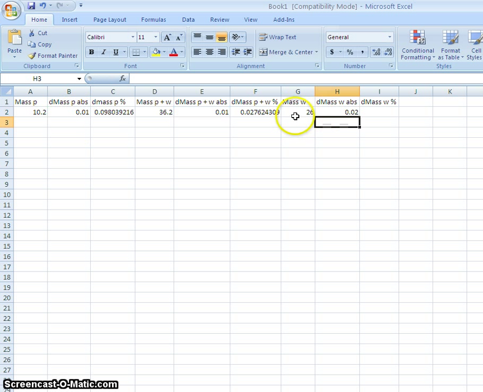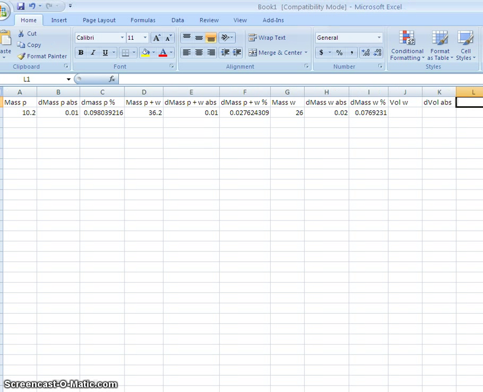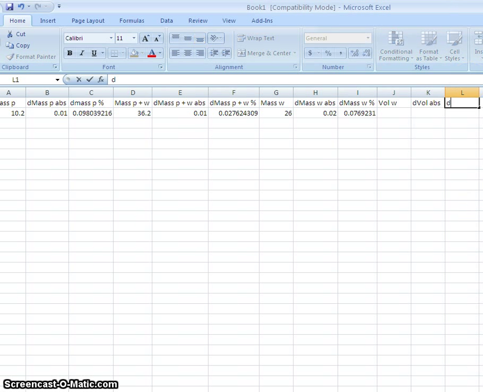And so the mass of water in there was 26 grams plus or minus 0.02. And I can get the percentage just like we've done before. Okay, so we've got that set. I've got one more calculation to do here, and that's of course to get the volume of the water.